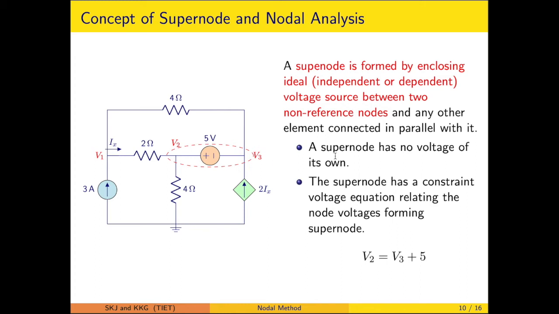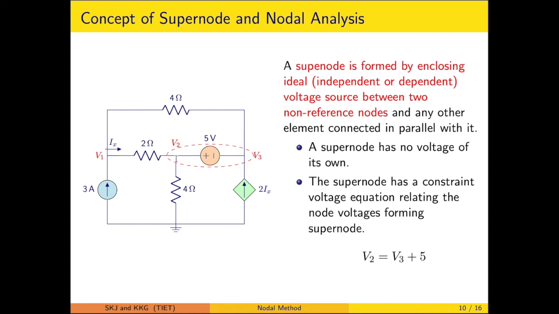So now we are dealing with nodal analysis as such. When there is the name supernode, it suggests that it has to have an unknown voltage, but that is not the case. This particular supernode does not have any voltage on its own. So that is to be clarified. We still have to deal with V2 and V3 in this case, or you can say the previously assigned node voltages.